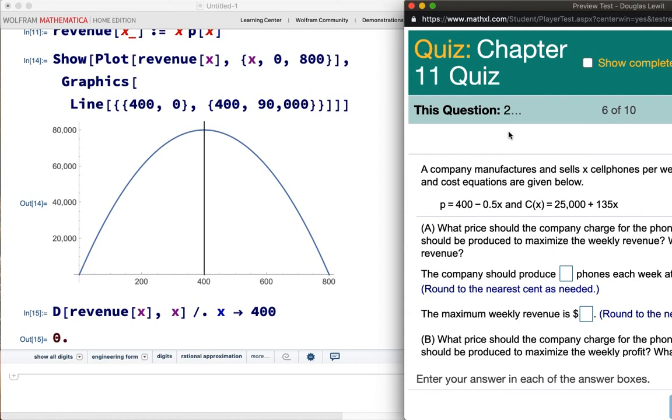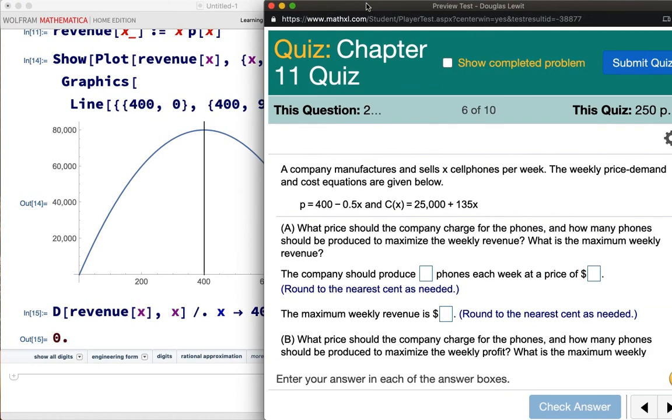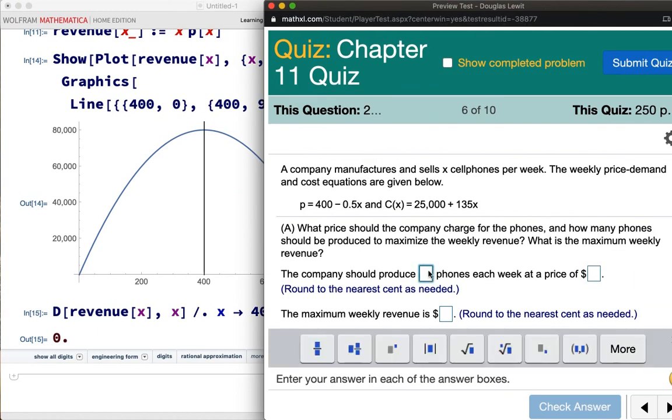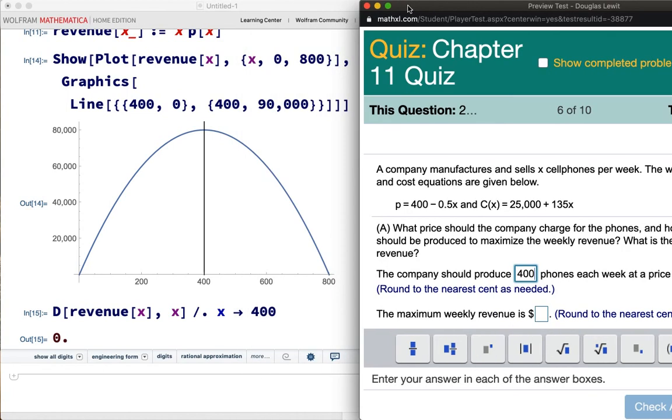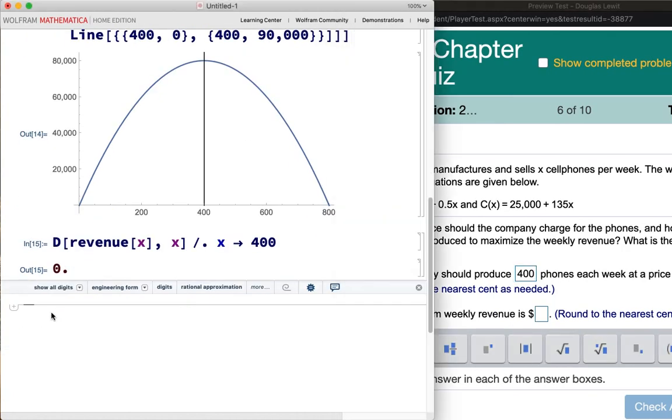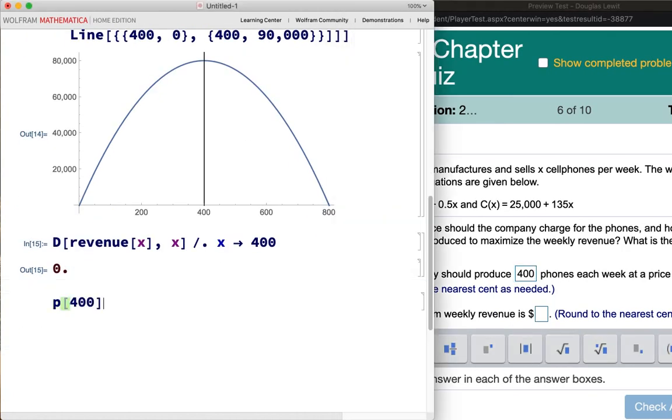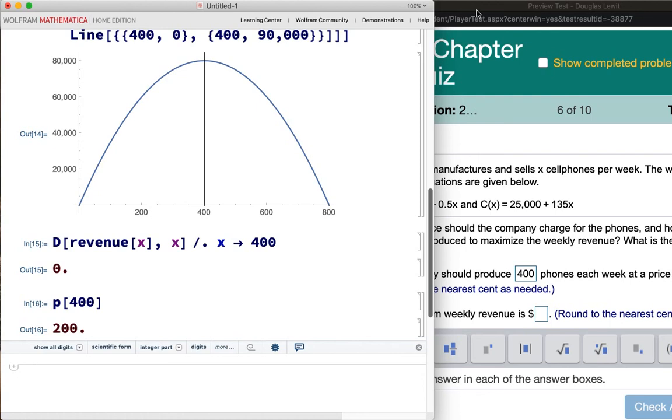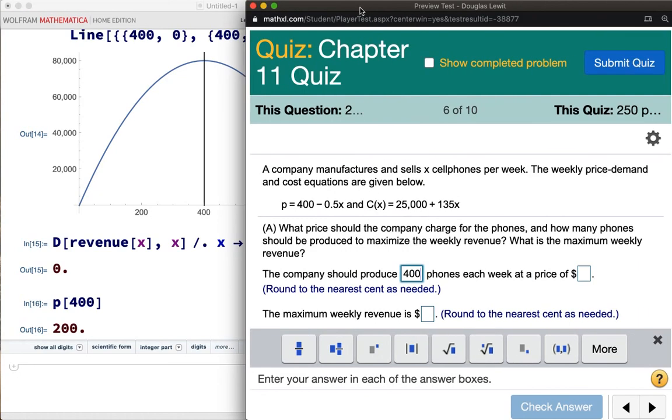Okay, so the answer is, the company should produce 400 phones each week at a price of, well, let's see, P of 400 is equal to $200. Okay, that's each phone will cost $200.